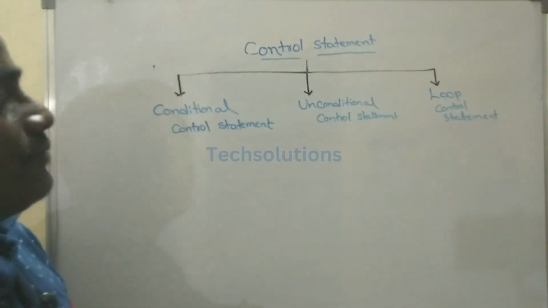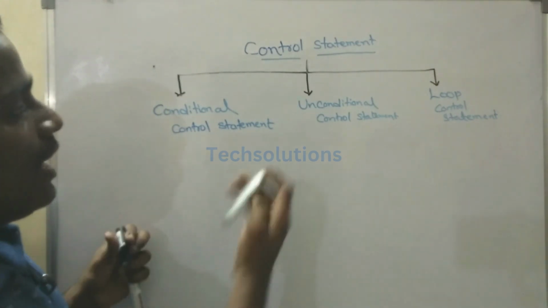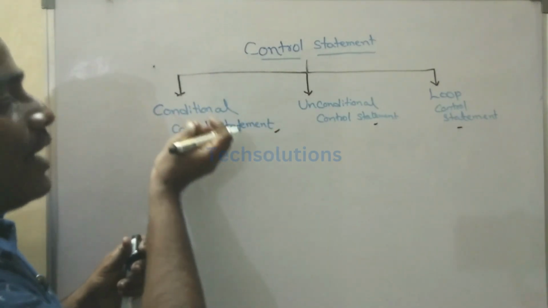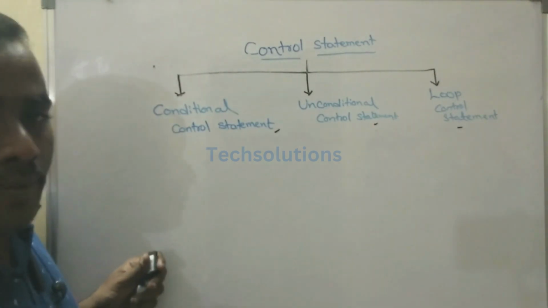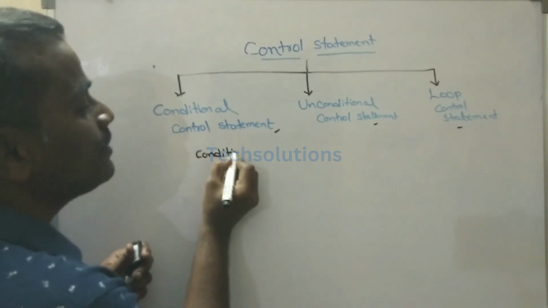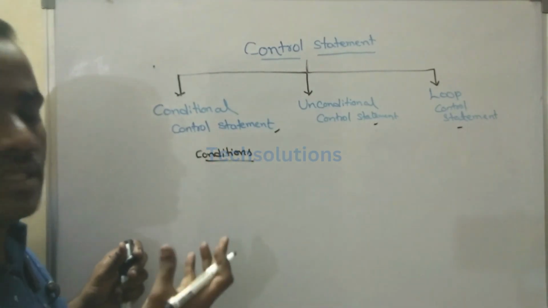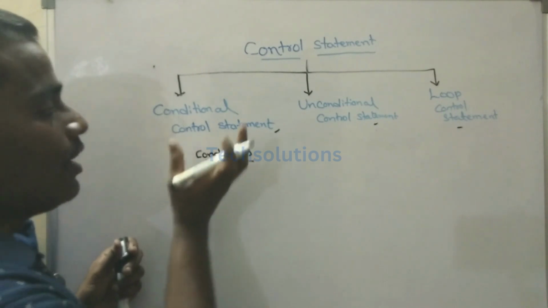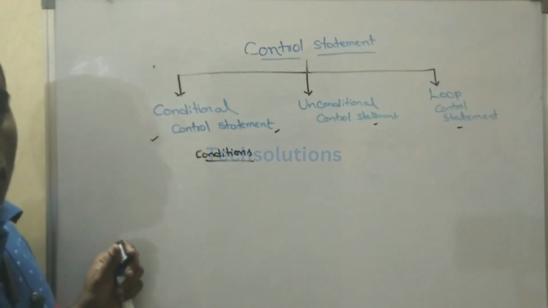Now what are the different types of control statements we have? Conditional control statements, unconditional control statements and looping statements. Just briefly, see what is meant by conditional, unconditional and looping control statements. Conditional control statement means, based on some conditions, we can select a block of statements, and that type of statement is called a conditional control statement.